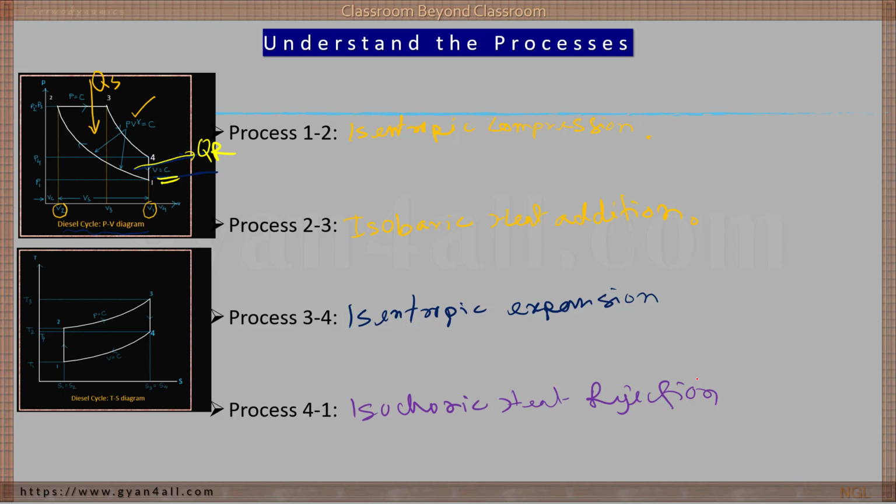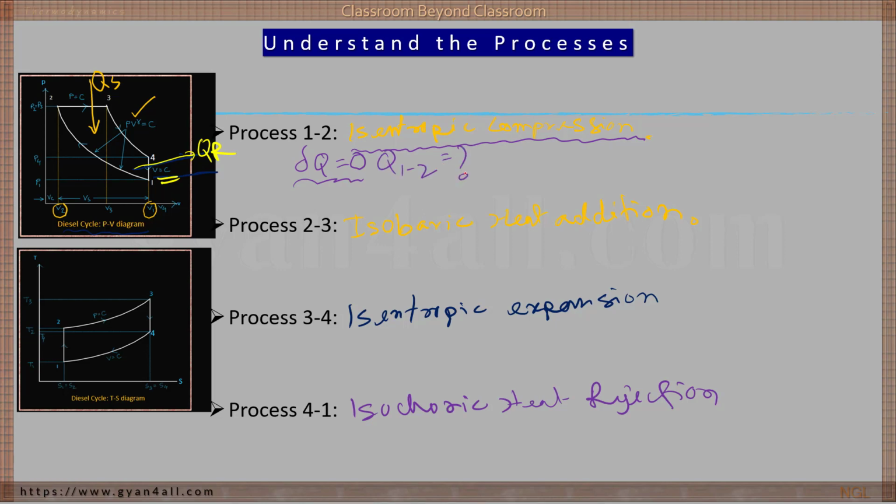Now process 1-2 is isentropic compression. In isentropic compression, is there any heat interaction during this process? Zero. Excellent. So for the adiabatic process delta Q equals 0. So we need not find Q12.